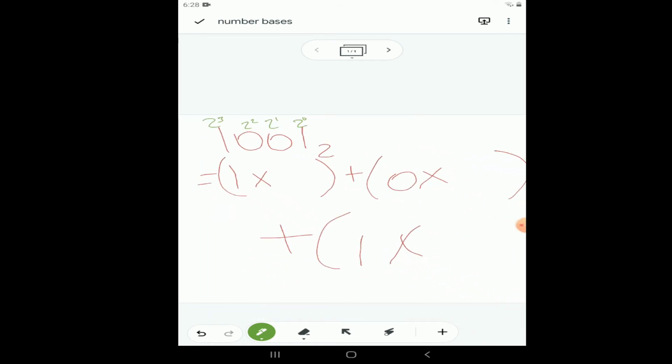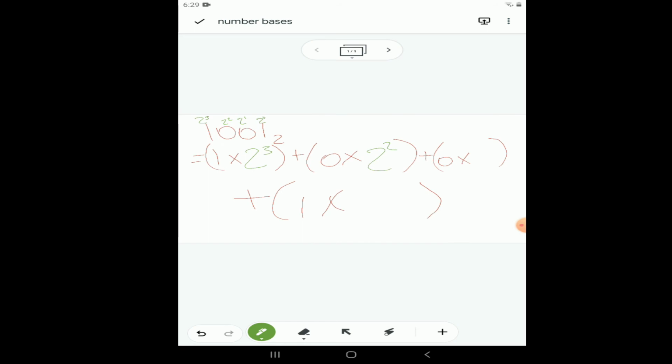So this one here would be multiplied by 2 to the 3. Then the other one 2 to the 2. Then the other one 2 to 1. And then the last one is 2 to the 0. So we would have 1 times 2 to the third power plus 0 times 2 to the second power plus 0 times 2 to the first power plus 1 times 2 to the 0 power.